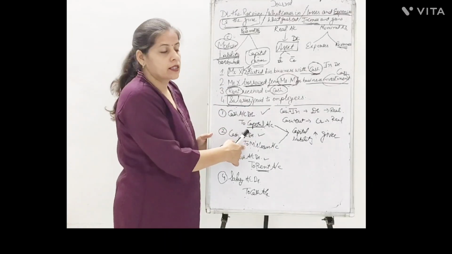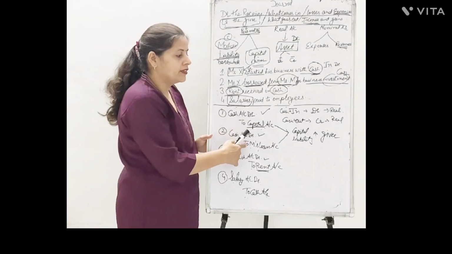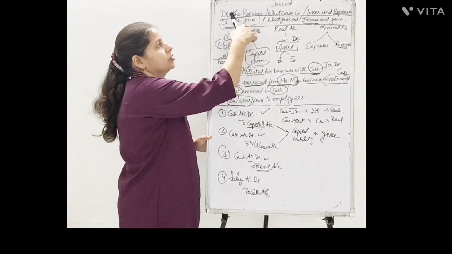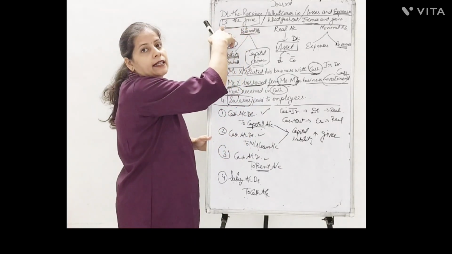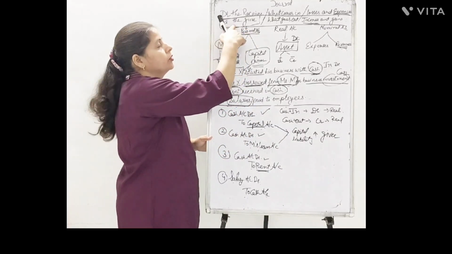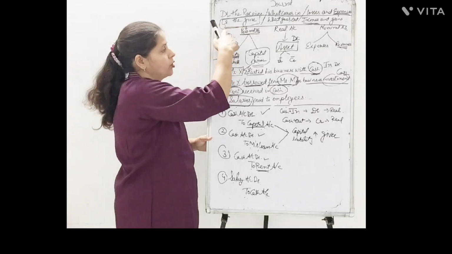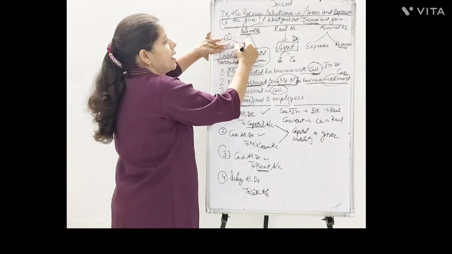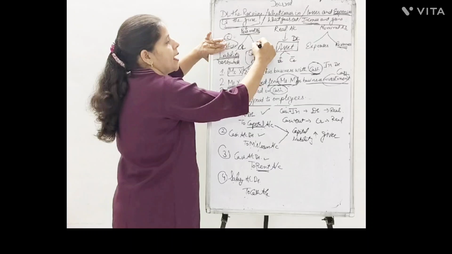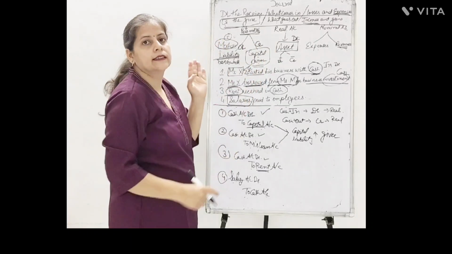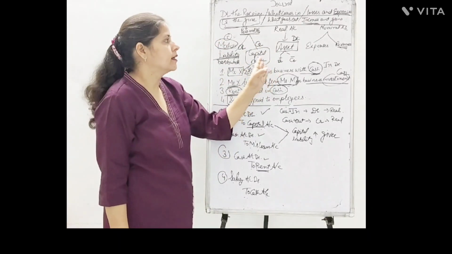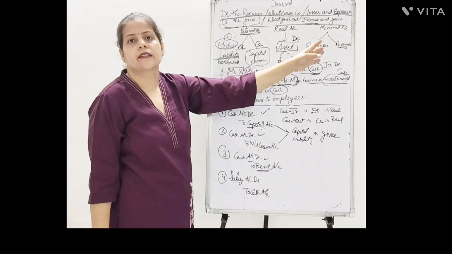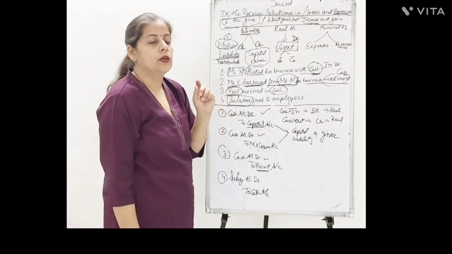Both are givers, so both of them are credited. That's the point over here. So liability account and capital account have which balance? Credit balance here.